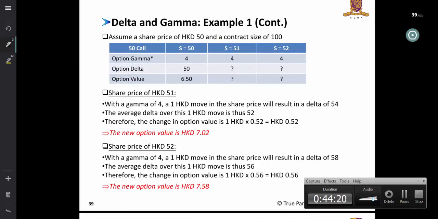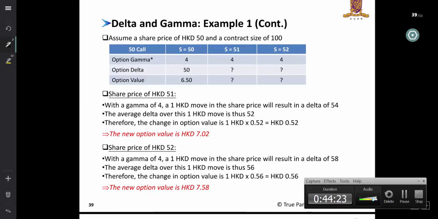So you start with a call option, where the strike is 50 and the spot price also is 50. So there is the option delta. Now you can say this is 0.5 or 50, doesn't matter, okay? 0.5, so this one is 4 or 0.04, and the option value right now is 650. So they're asking, well, if the share price goes to 51, what happens to the option value?